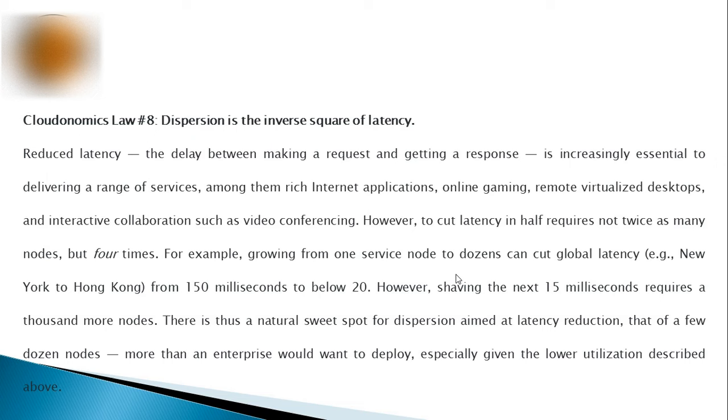Now, what does it mean? If there is a latency of 2 seconds and I have five servers, and I want to reduce that 2 second latency to 1 second, I will have to multiply the 5, that is the number of servers, with 4. It means to reduce the latency by half, I will need to have 20 servers in my system.